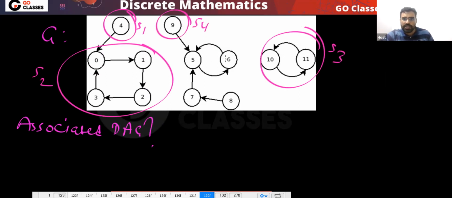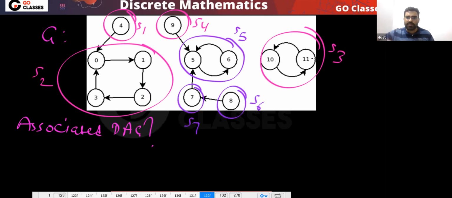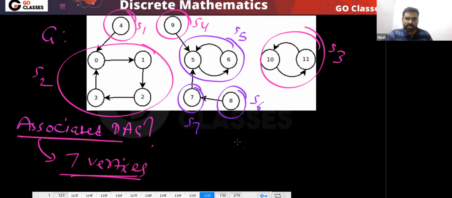This is S5. This is S6. This is S7. So in total you will get 7 vertices.